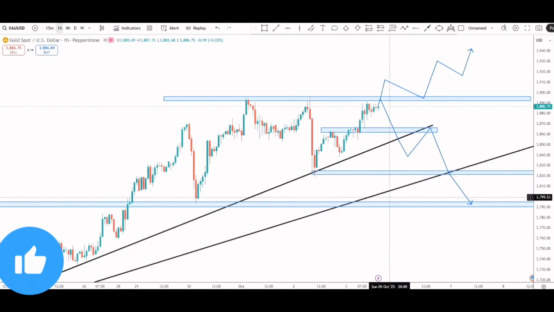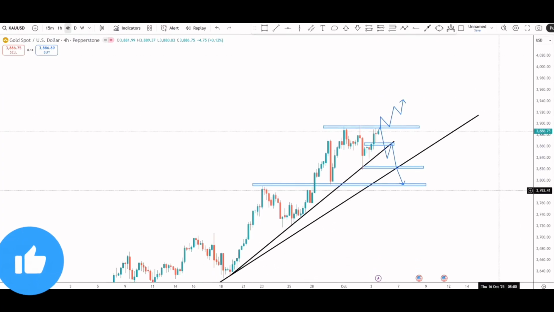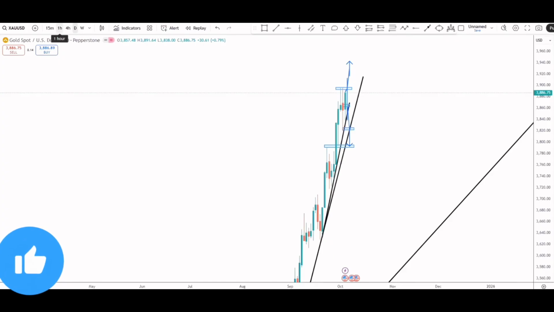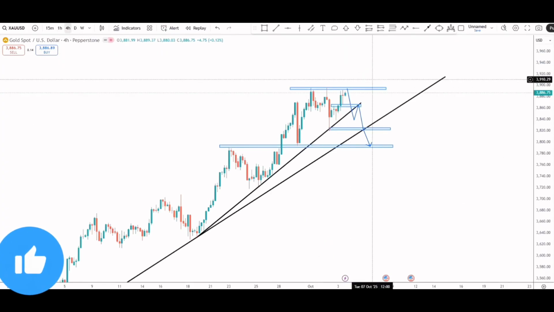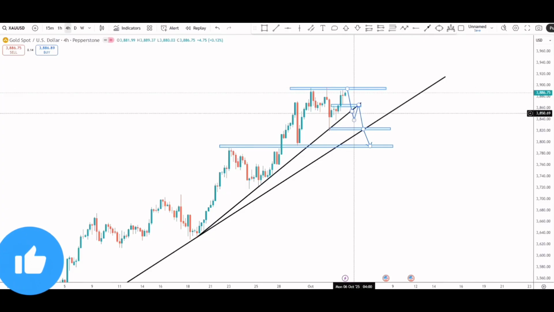A proper break of structure, in my opinion, would be when you look at the higher time frames, for example, the 4-hour time frame. What I would signify as a break of structure is price once again failing to break this high, so not forming newer highs.